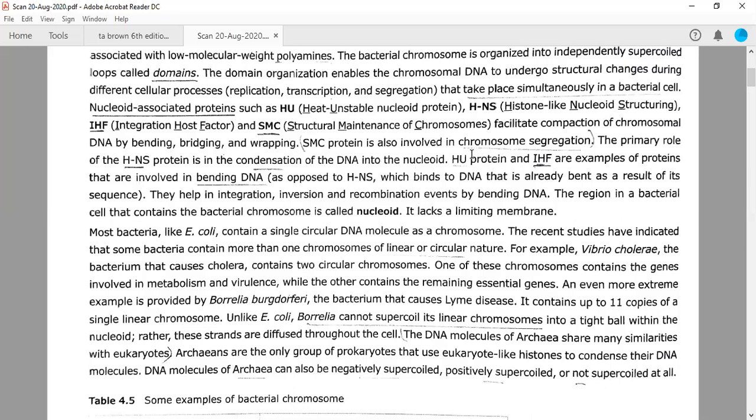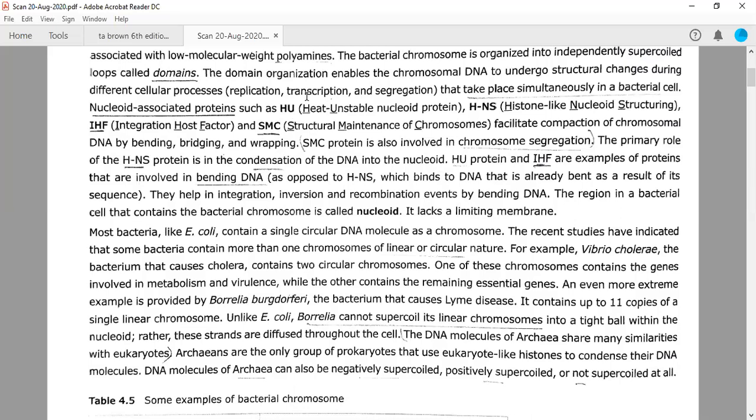HU protein and IHF, integration host factor, are proteins that are involved in bending the DNA, as opposed to these two, HNS and SMC, which bind to the already bent DNA.